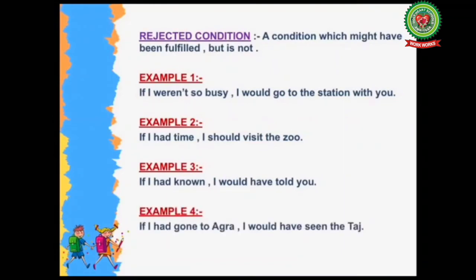Example number 4. If I had gone to Agra, I would have seen the Taj. Like other sentences, this is also a rejected condition, as I could have seen the Taj but I have not seen it because I did not go to Agra. So all these are the examples of rejected condition.